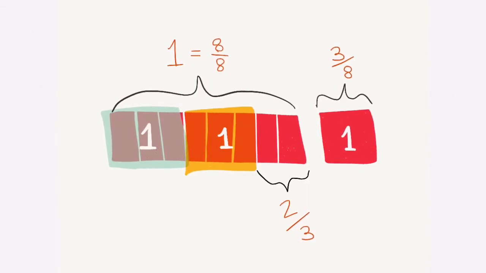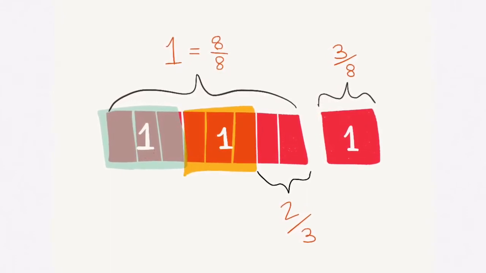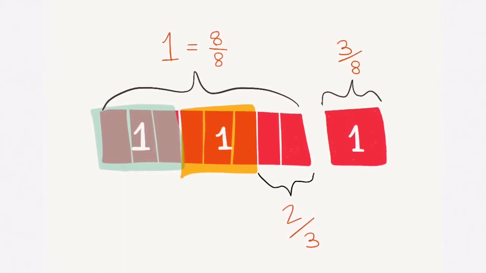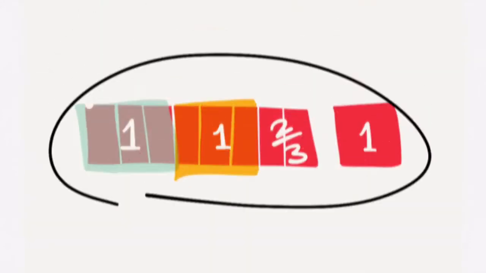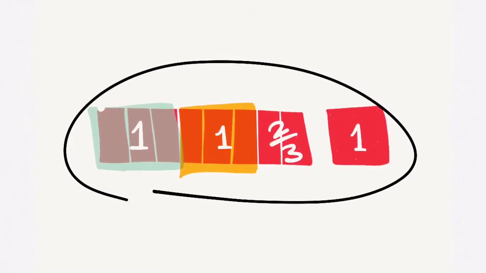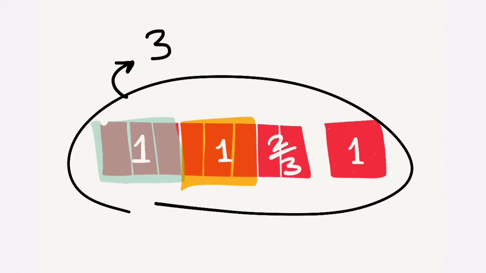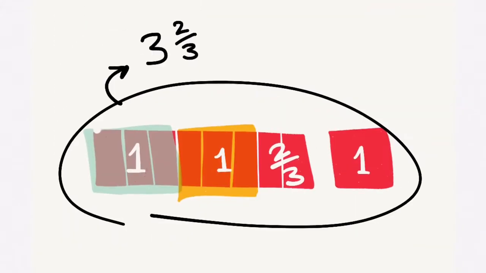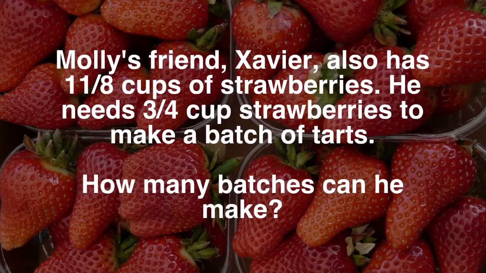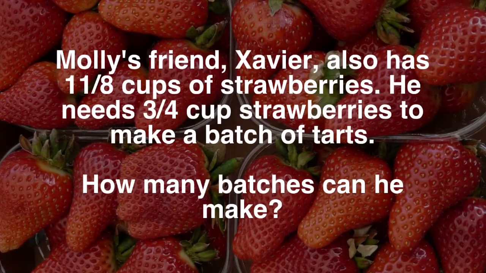Remember, we are looking for 3/8. We need groups of 3. And so here are 2 parts out of 3 that make up a whole. And so all in all, if Molly is taking scoops of 3/8 of a cup, she will have 3 whole and 2/3.